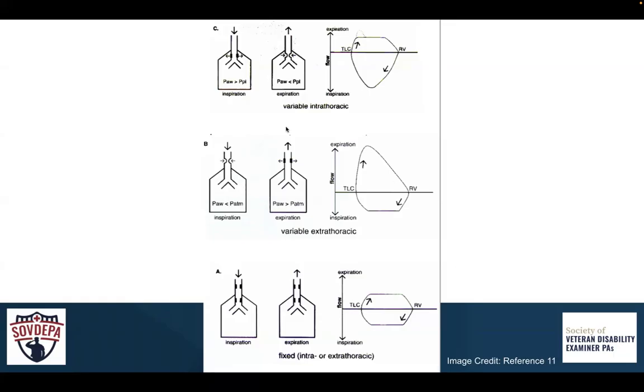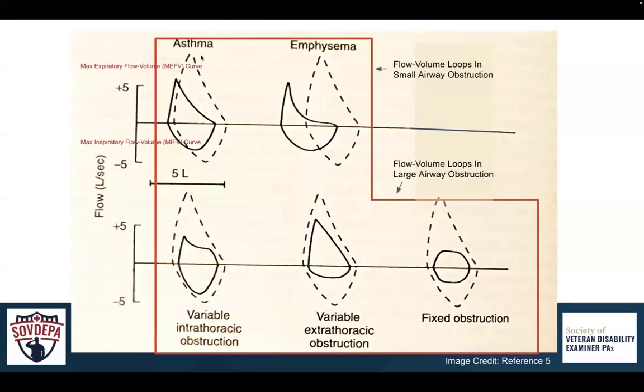These are other ways of expressing the intrathoracic, extrathoracic, or fixed obstructions. And these make the most sense to me. So that's what I'm going to use as the example. These are all examples of large airway obstruction, by the way, versus asthma and emphysema are small airway obstructions.